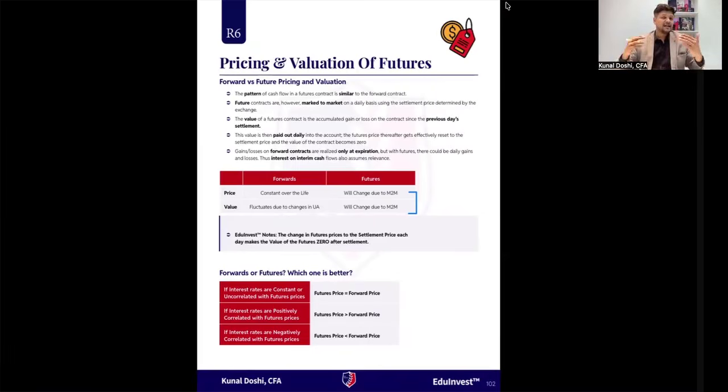Futures are in fact settled daily. So after the settlement, the gain or loss is adjusted. So in futures, the value after settlement each day, come on, tell me, value under the futures after settlement each day becomes zero. Clear? Okay. So no formula, but you should know this.